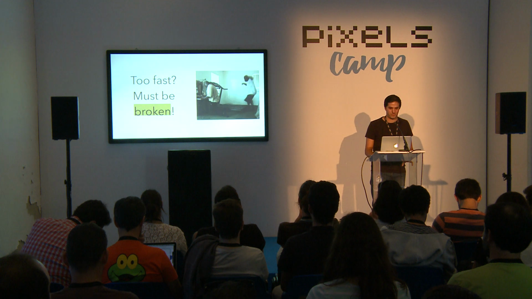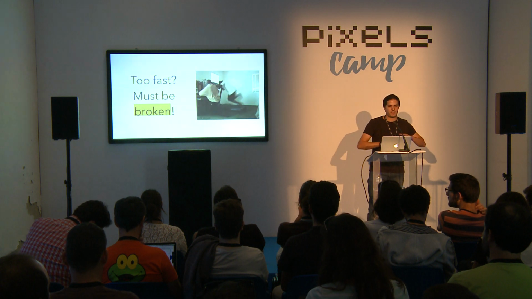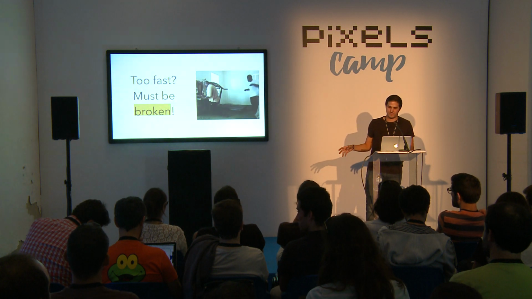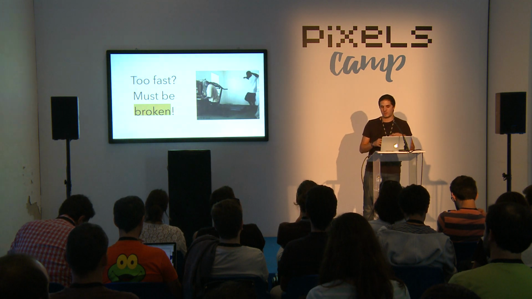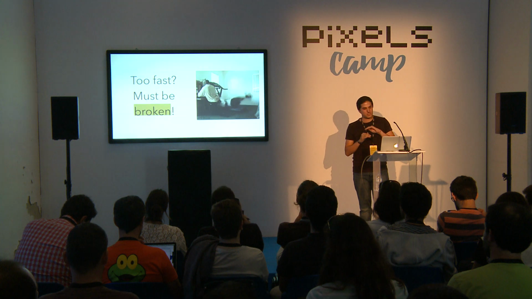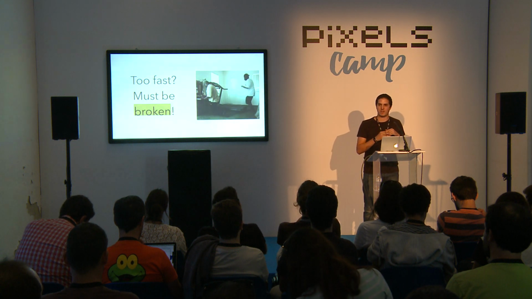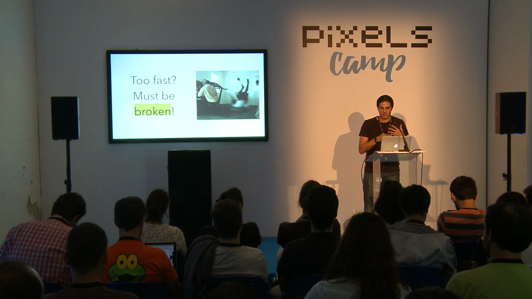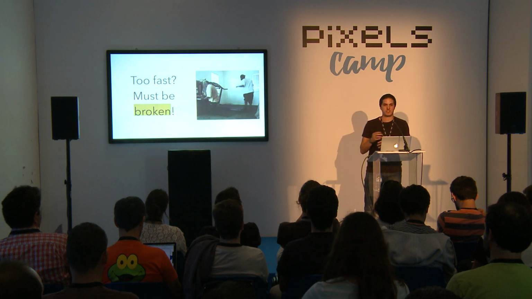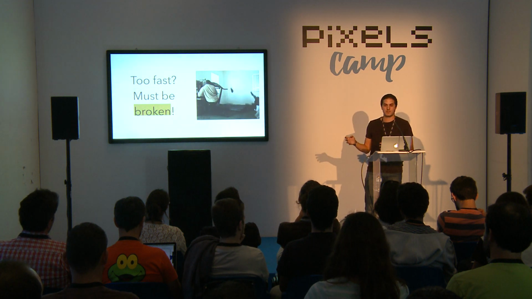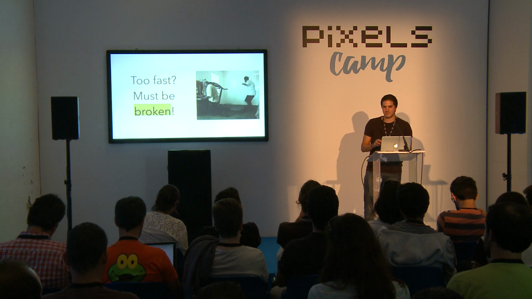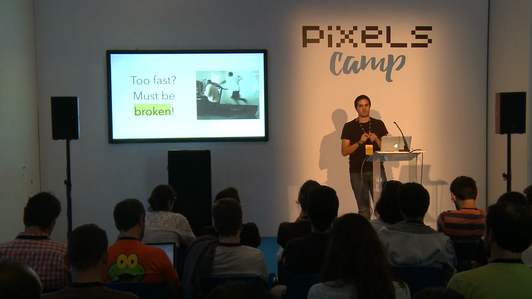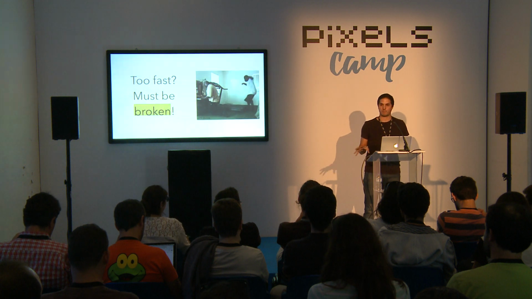Now, the other thing also applies. If it's too fast, it must be broken. When you have an experience that's just so well catered to you, and you have this really simple registration process or use of a service, it just feels so fast that it can't be true. Now, this is a very specific example from when Google bought the Blogger platform.